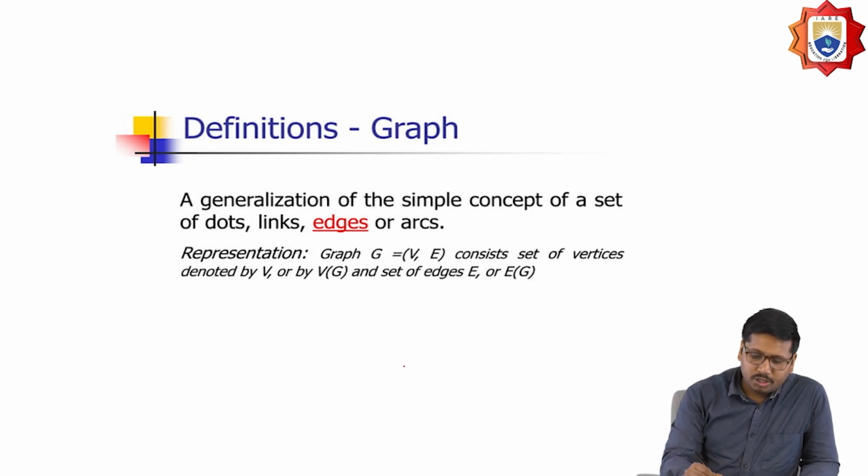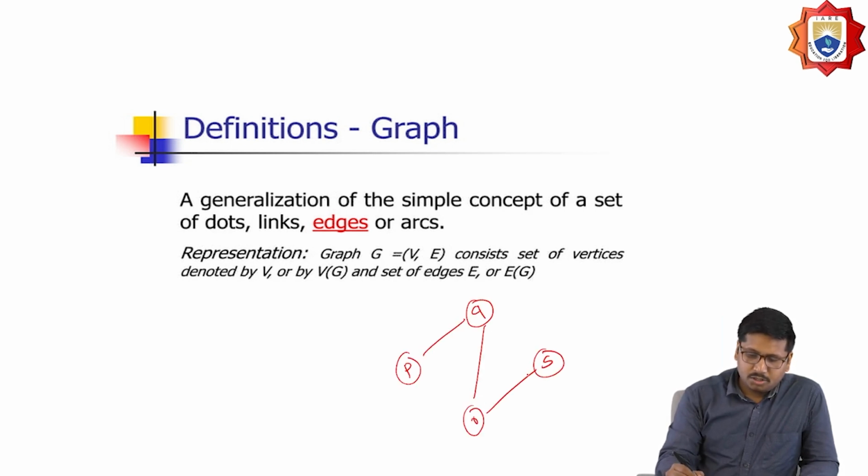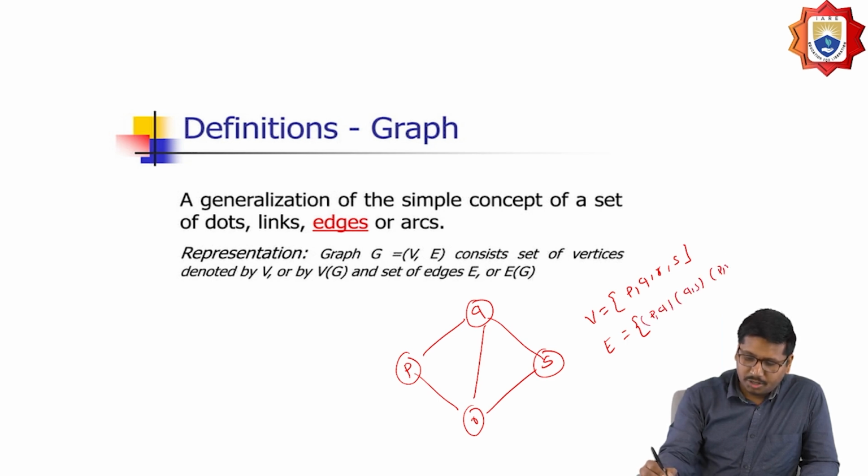So if I'm going to consider a graph, here the vertex set should be P, Q, R, S, and the edge set I can write as PQ, QS, PR, and RQ.